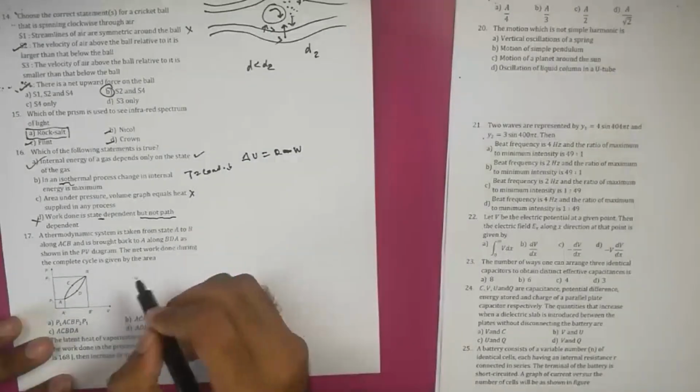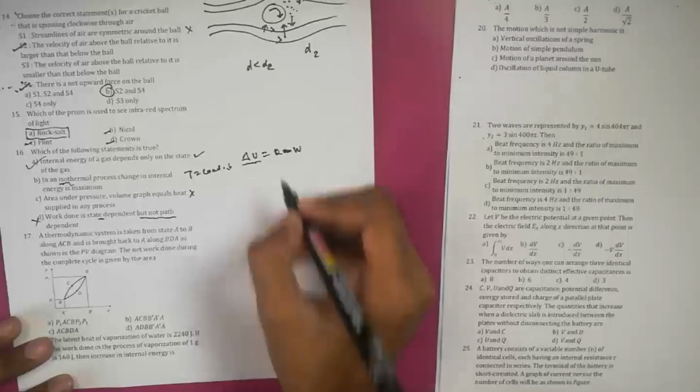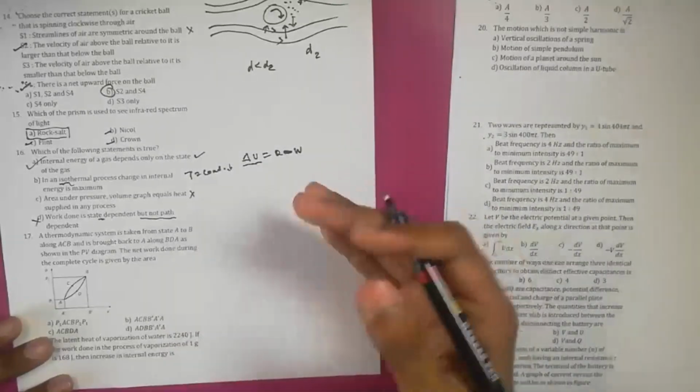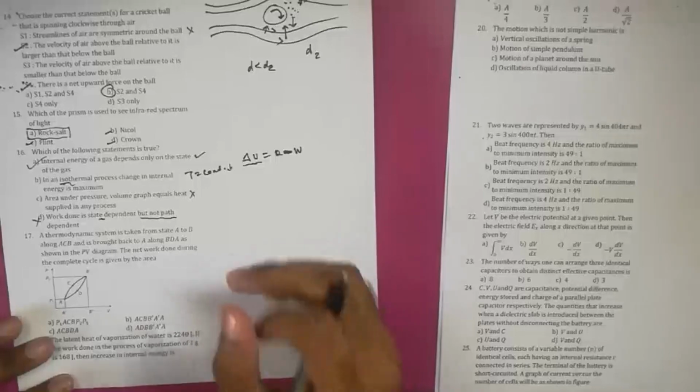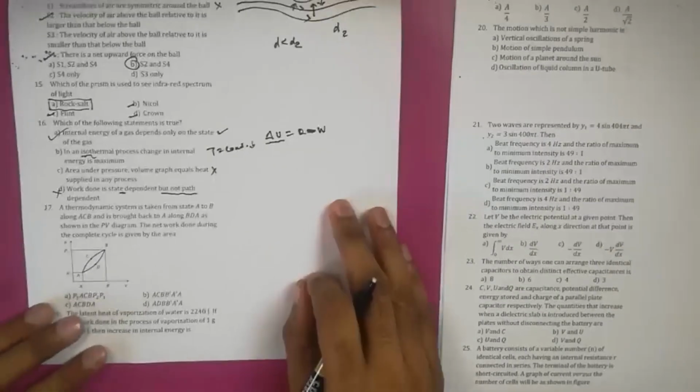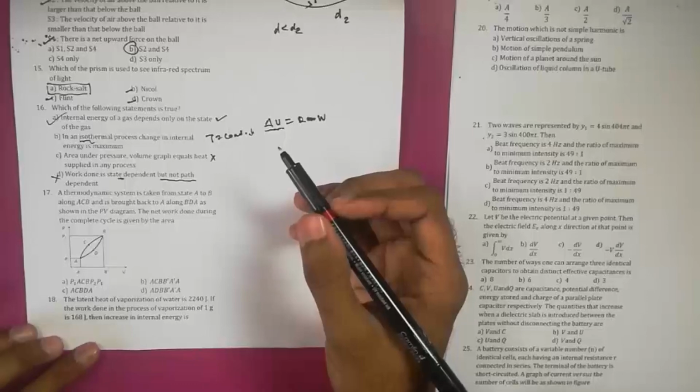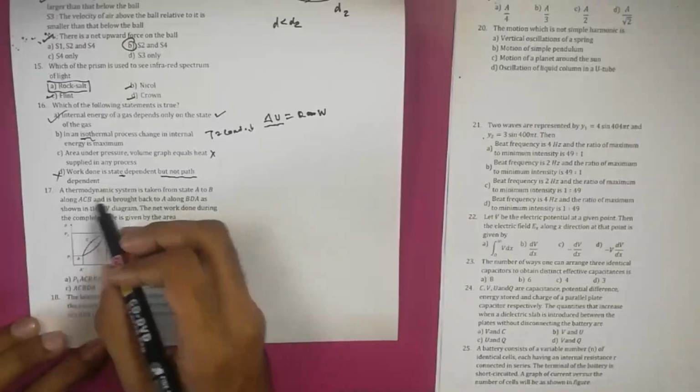Now a thermodynamic system is taken from state A to B along this path ACB, and then brought back to A along the path PDA, as shown in the PV diagram. The net work done during the complete cycle is given by the area.